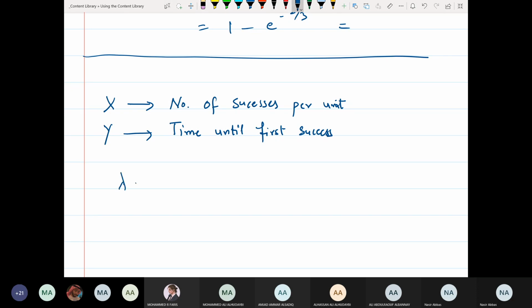You're talking about the same success, the same event. And here lambda is the average number of successes per unit. In both of the questions, lambda is the average number of successes per unit. Here X follows Poisson and Y follows exponential.